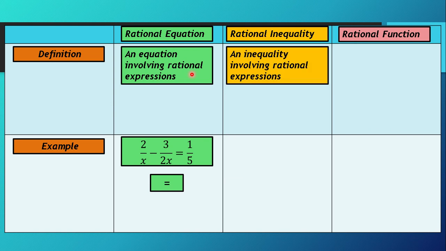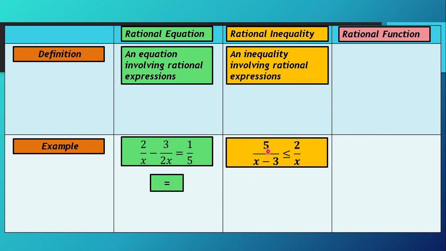Next, rational inequality. By definition, that's an inequality involving rational expression. Kapag inequality, ibig sabihin, not equal. So, example, 5 over x minus 3 is less than or equal to 2 over x. How can we say that this is an example of rational inequality?